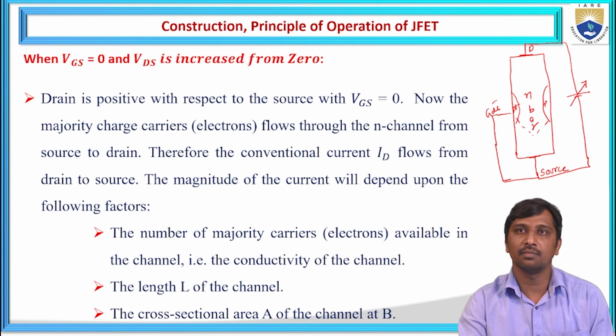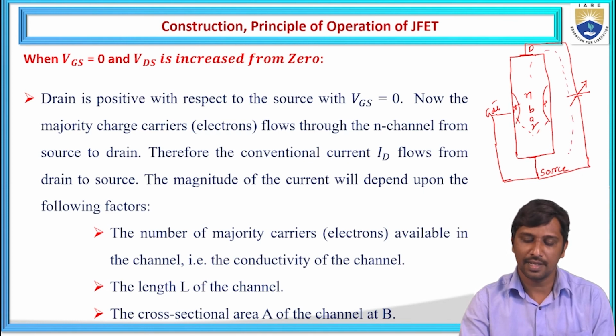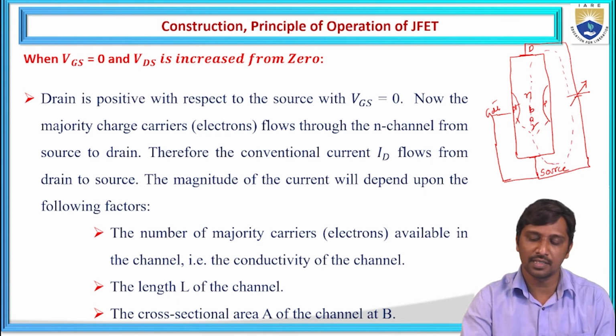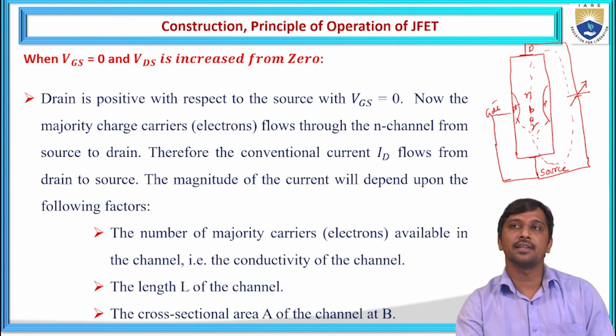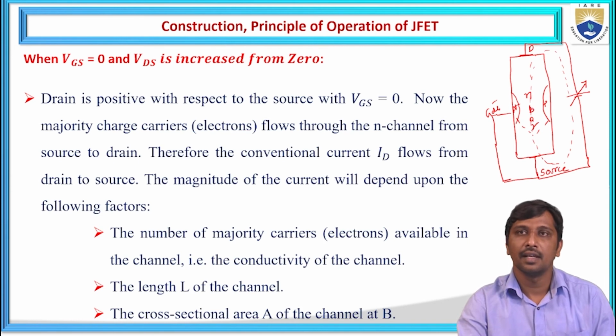The region is nothing but a channel. The charge carriers repelled from the source are attracted towards the positive terminal. Hence a conventional loop exists, and all the charge carriers move from the source to the drain towards the battery. Hence we have a conventional current, that is nothing but the drain current.